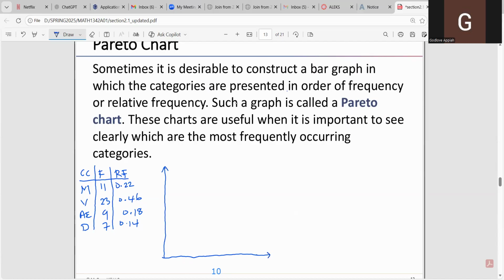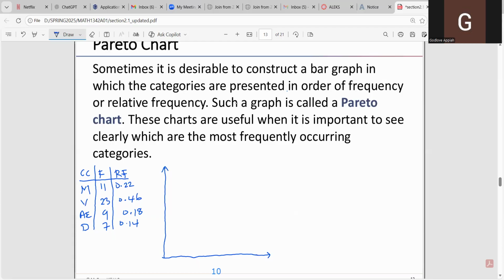Remember, in the Pareto chart, the categories are presented in order of frequency, from the largest to the smallest. So the first category on the horizontal axis is going to be the Visa card category, because that has the largest frequency, which is 23.